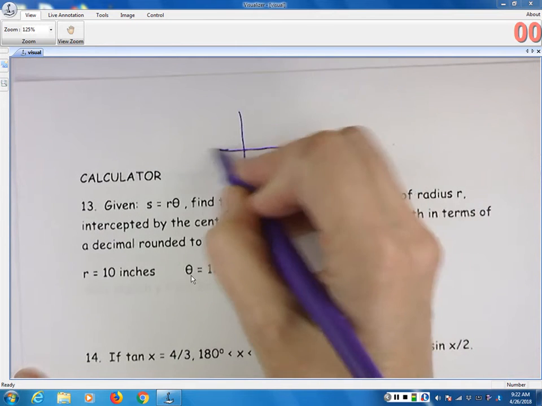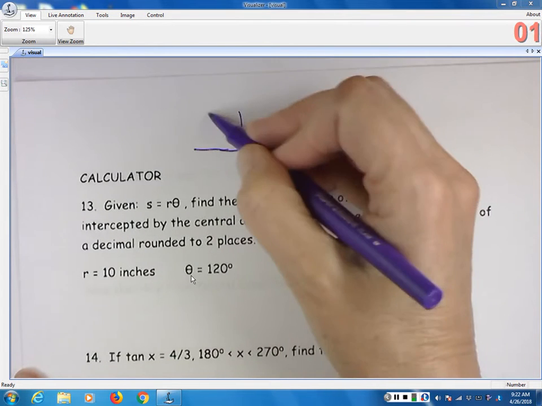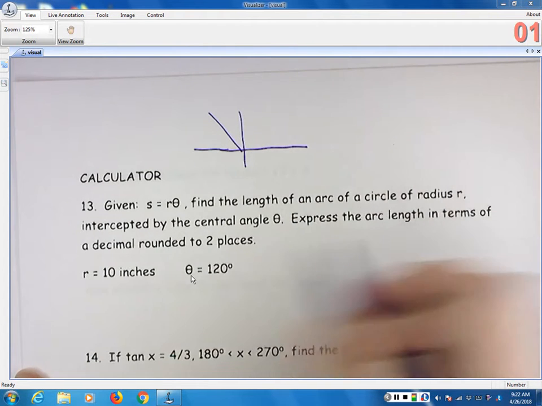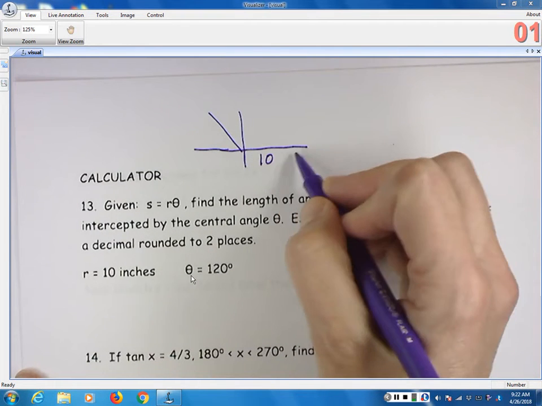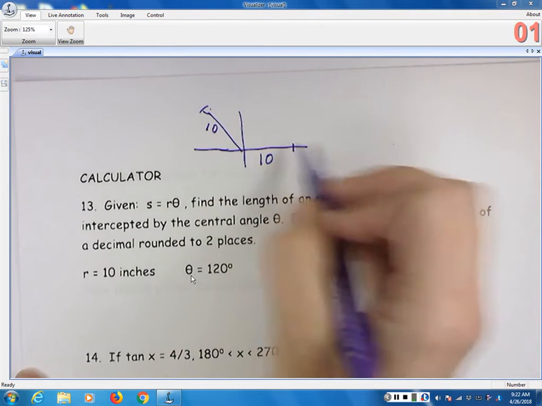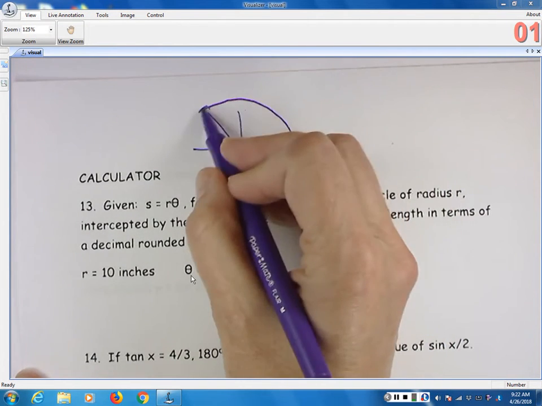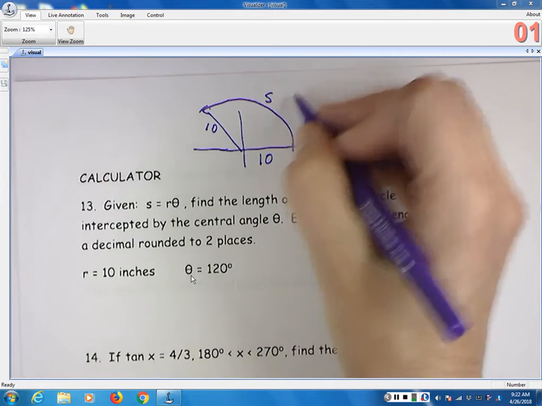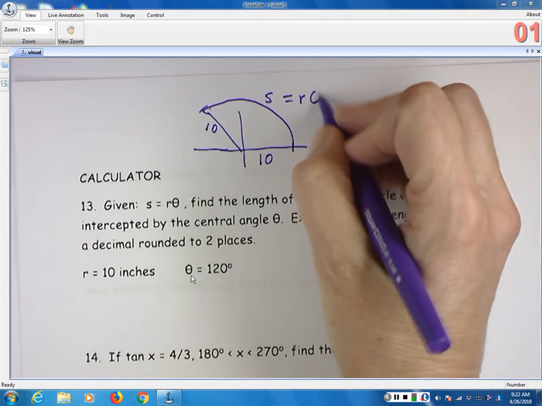If we've got 120 degrees, it's going to be here. If this is a radius of 10 inches, this arc length, S, is going to be R times theta.